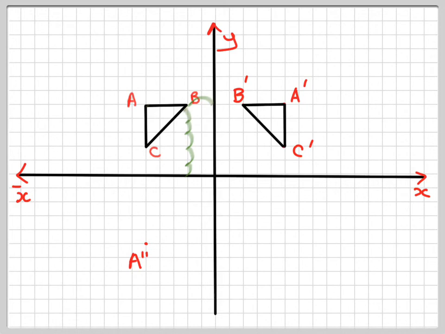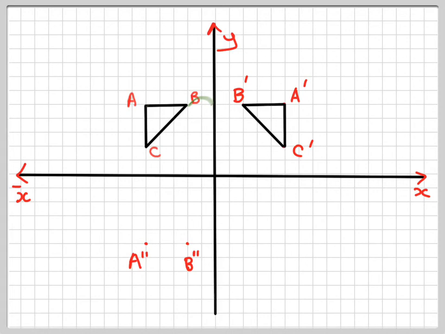So we're going to go 5 down and 2 across now. Agreed on that? So it's going to be 1, 2, 3, 4, 5, and there's 2 across. So that's our point for B image.